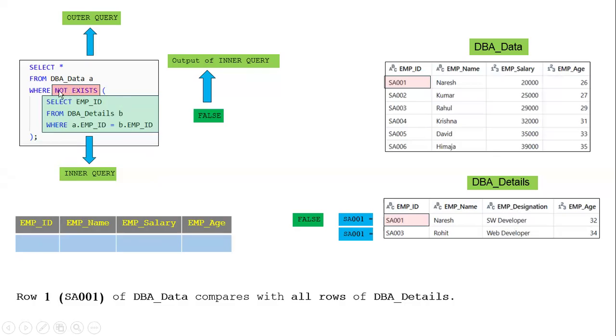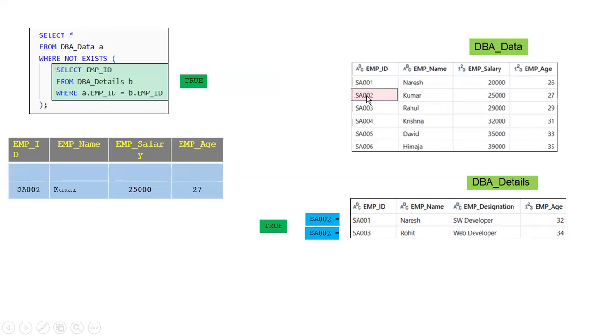That is how NOT EXISTS works. Now we saw the first record. Next, we'll see the second record. I am going to compare this second record with all rows of table B. SA002 equal to this one is not matching, and SA002 equal to this one is also not matching.